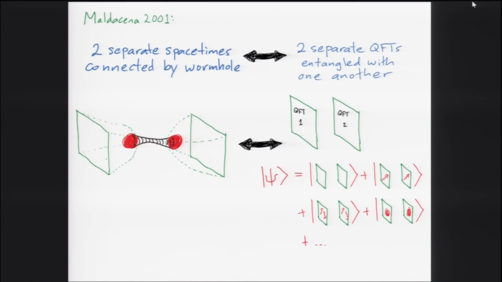The only relation, in his description of this spacetime, was to say that the two quantum field theories are in an entangled state. And he said that the field theory description of this spacetime, according to the AdS-CFT correspondence, is a state that looks basically just like that up, up, down, down state that we just wrote down for the spin system.